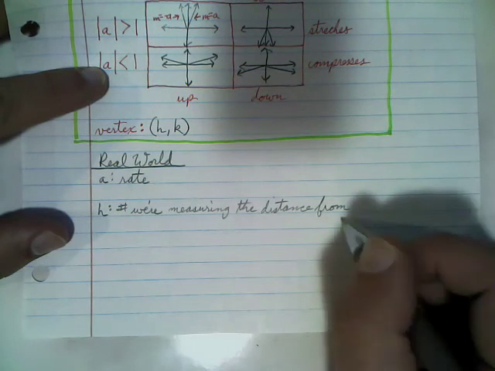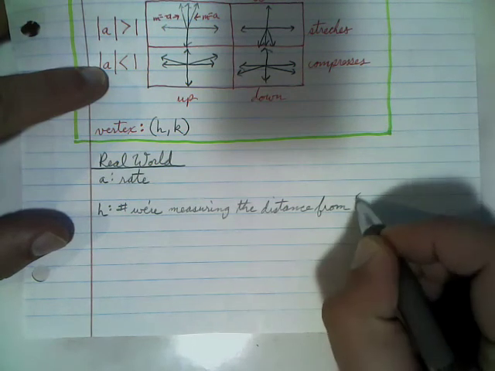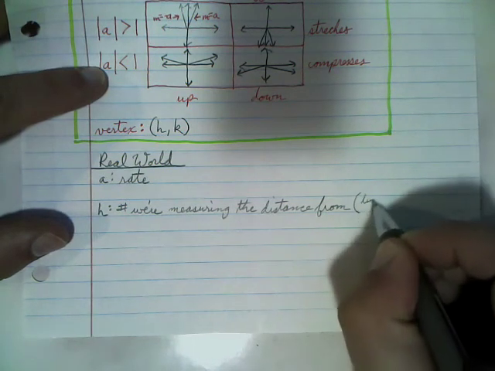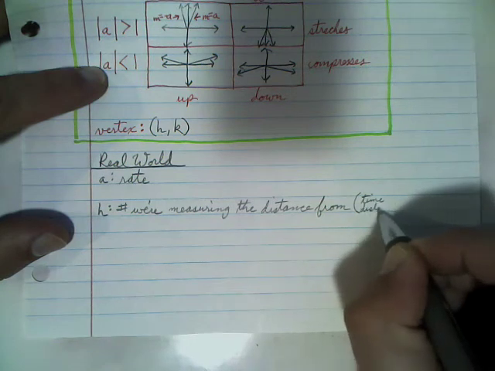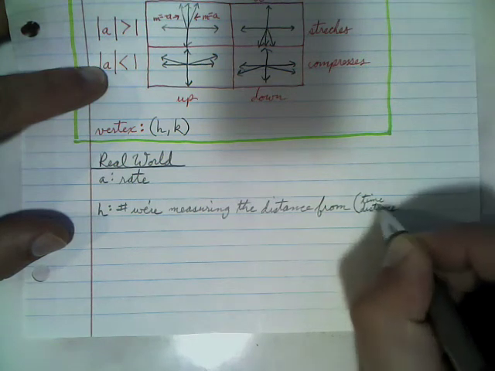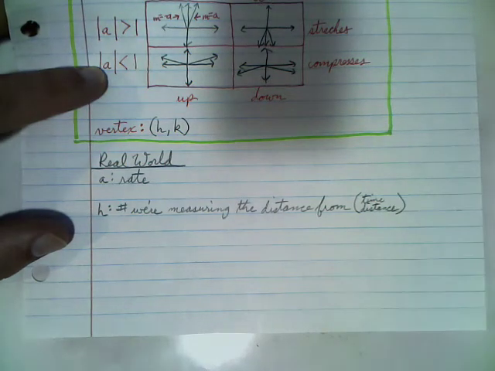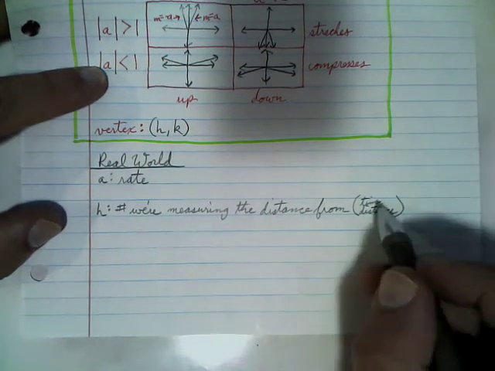And it's important to note here too that when we talk about the distance from something, that distance can be time, or it can be an actual distance. So it could be a distance in time, or it could be a distance in space. So it doesn't just have to be physical distance, but it could also be distance in time.